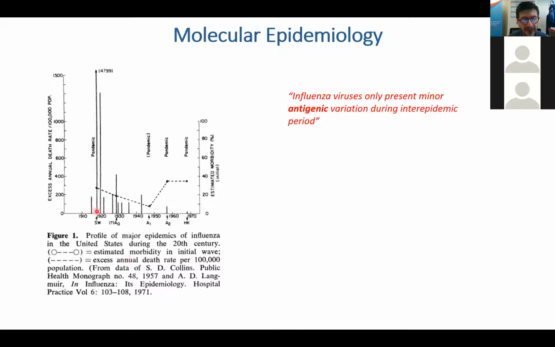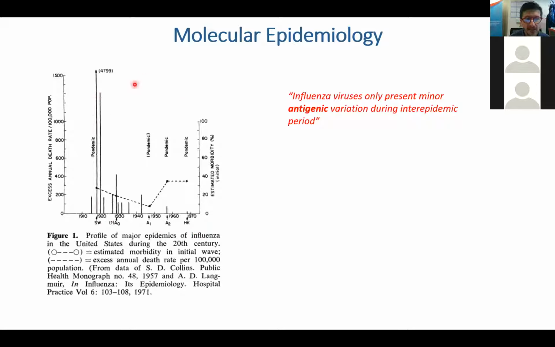And here we're talking, as you see on the chart, about 1918, which was a great epidemic, and then the later years until the next pandemics up to 1970.